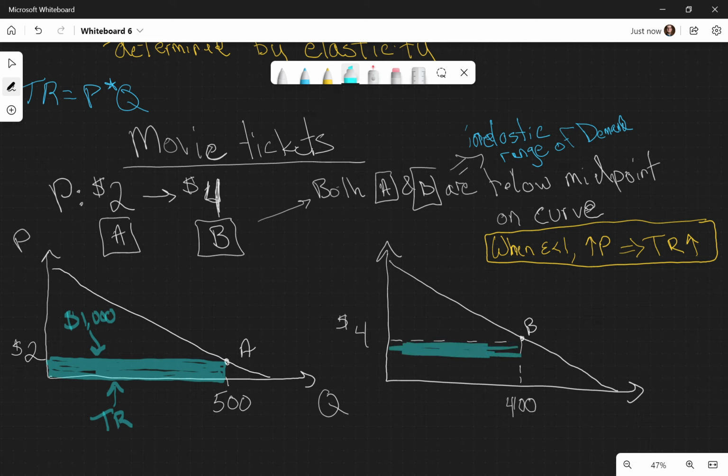What is my new total revenue rectangle? Is it greater or less than 1,000? Our theory says it should be greater. Let's check.